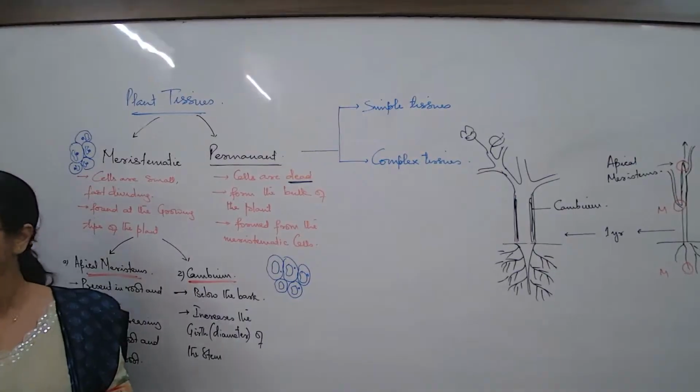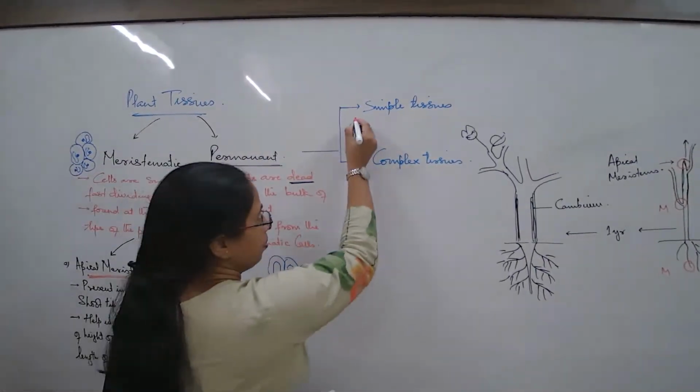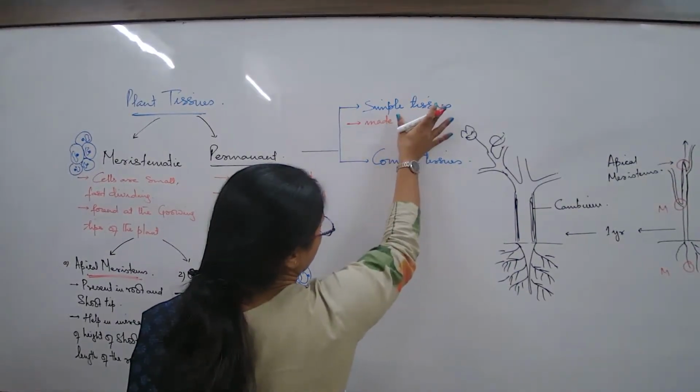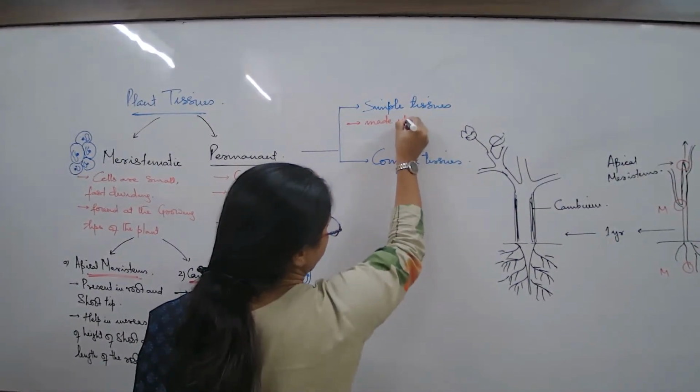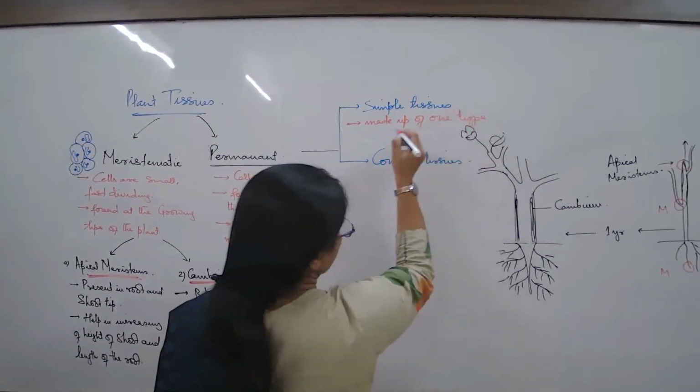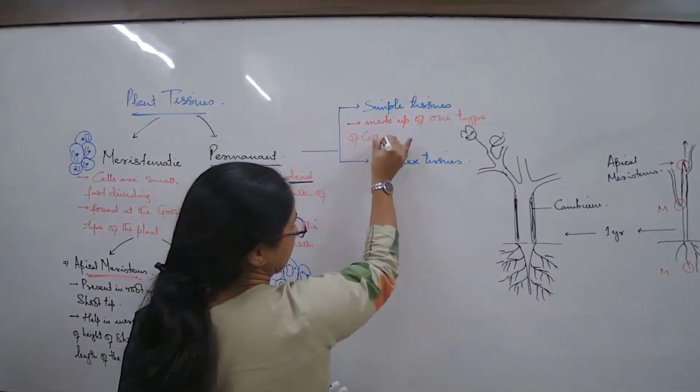What is the difference? Simple permanent tissues mean made up of only one type of cells.